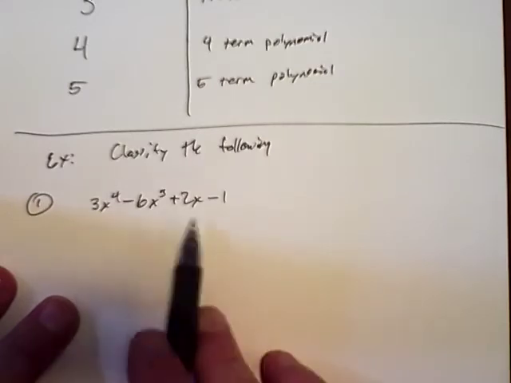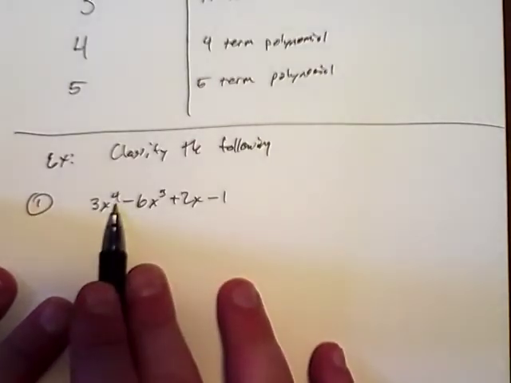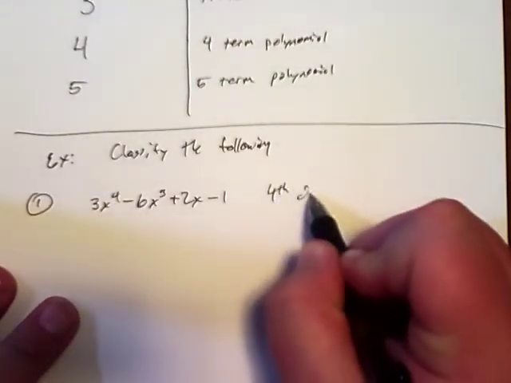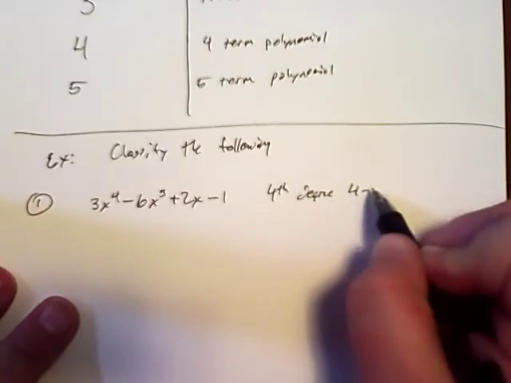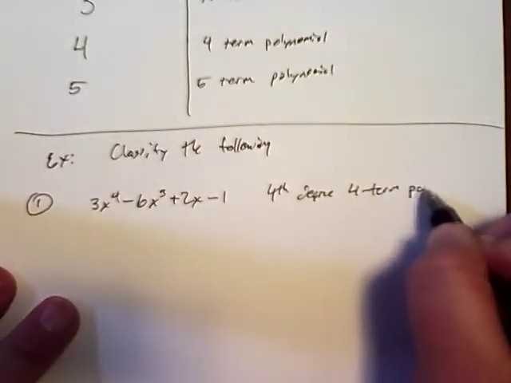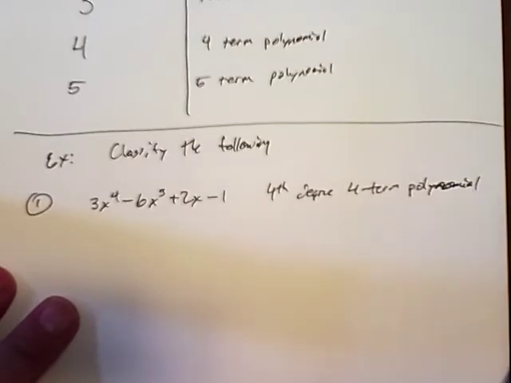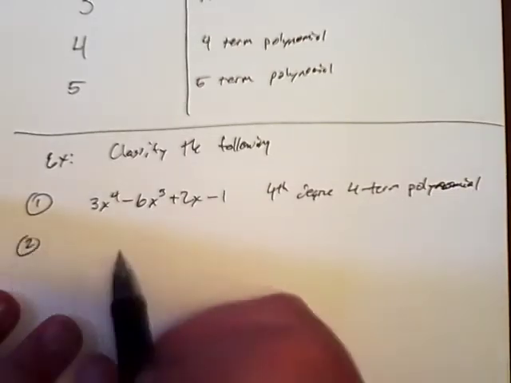If I'm going to classify this, my degree is 4, and I have 1, 2, 3, 4 terms. So it's a 4th degree 4-term polynomial.